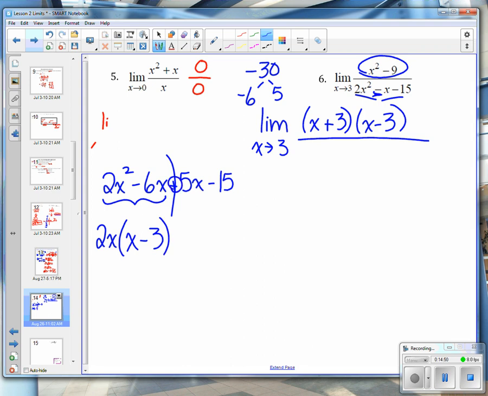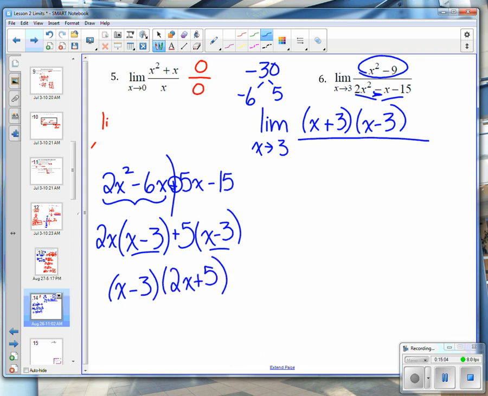On this side, I always just bring down that sign, and what can I factor out? Obviously a 5, and I'm left with, again, x minus 3. These guys are the same, so I've got x minus 3, and then it's multiplied by whatever's left over, which is 2x plus 5.